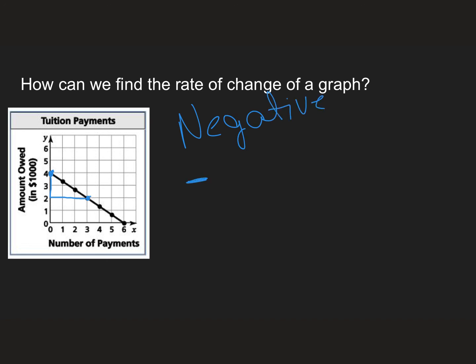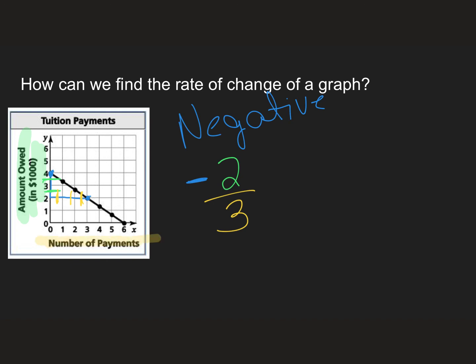So it should be negative. My rise, the amount I went up or down, was 1, 2. So -2 over, I ran 1, 2, 3. -2 over 3. In that case, my vertical movement is amount owed in thousands of dollars. My horizontal movement was the number of payments.